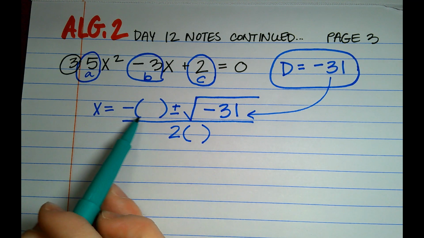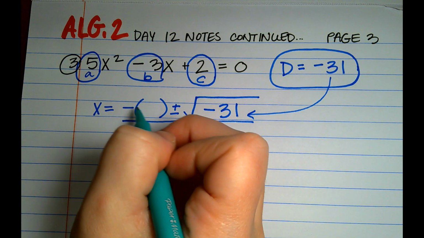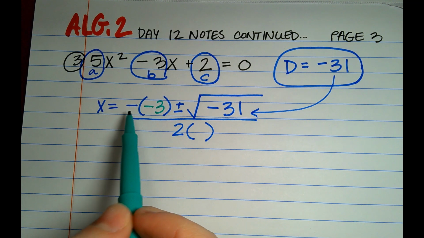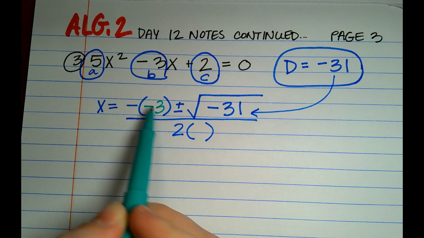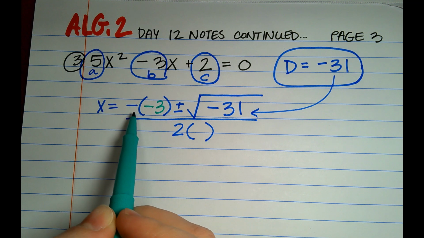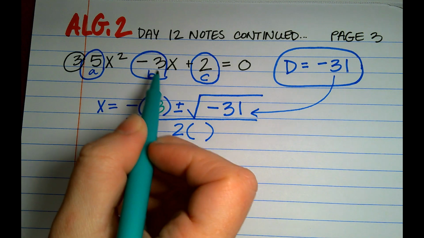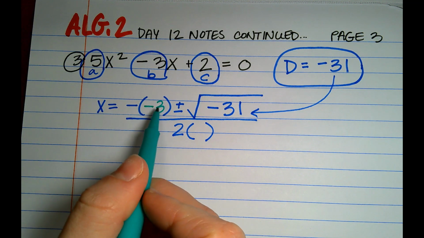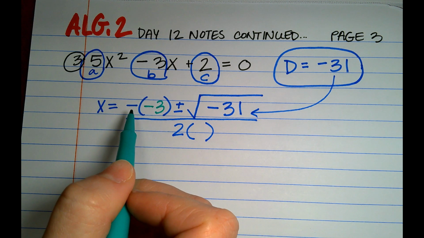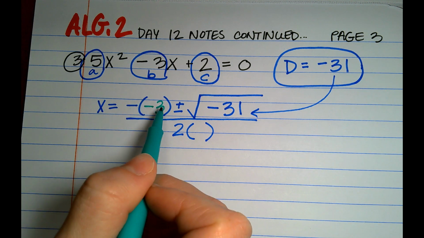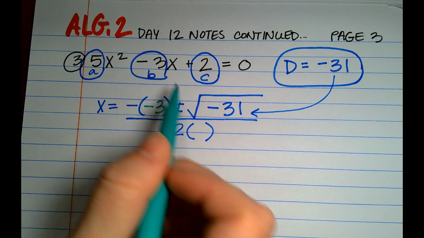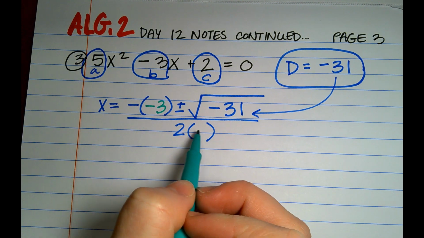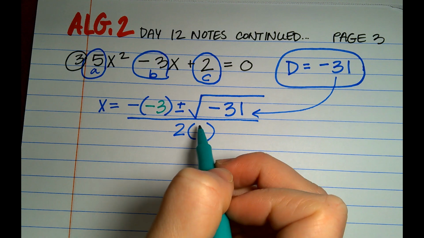Okay, so what goes in our first blank for B? Negative 3. Now here's a case where our first number that we plugged in B to will be a positive, because we started with a negative 3 for B, so negative 3 goes in the blank, but with that negative outside of the blank, those 2 negatives will cancel, and now we'll have a positive answer outside. So what goes at the bottom? 5. Yeah.